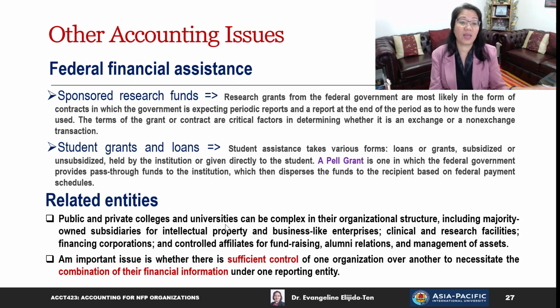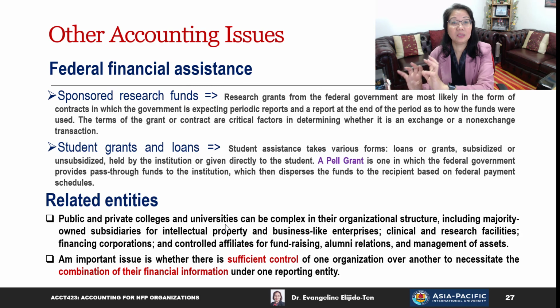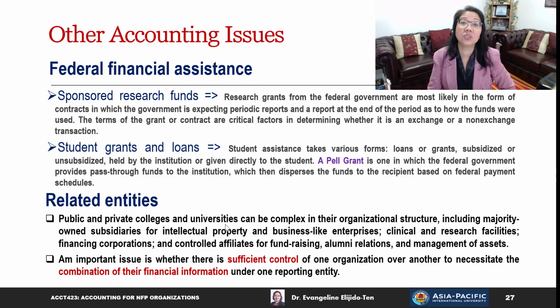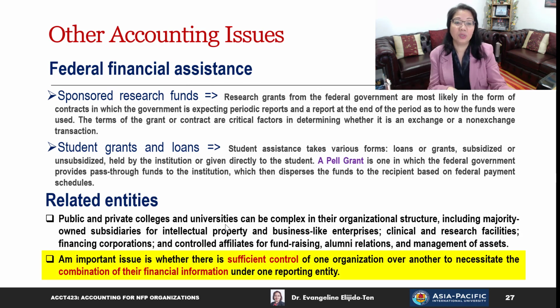There could even be financing corporations and other controlled affiliates for fundraising, and there might be an alumni association and even other entities that will manage the assets of the universities. Now, an important issue is whether there is sufficient control of one organization over another to necessitate the combination of their financial information under one reporting entity.